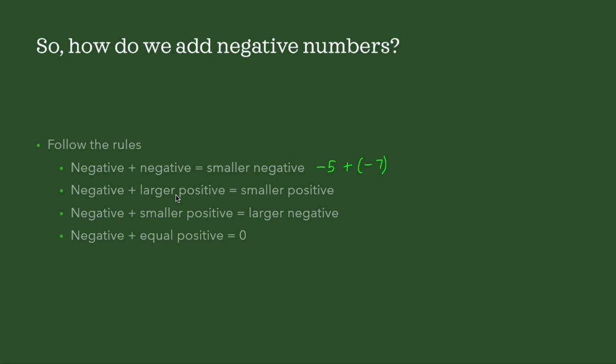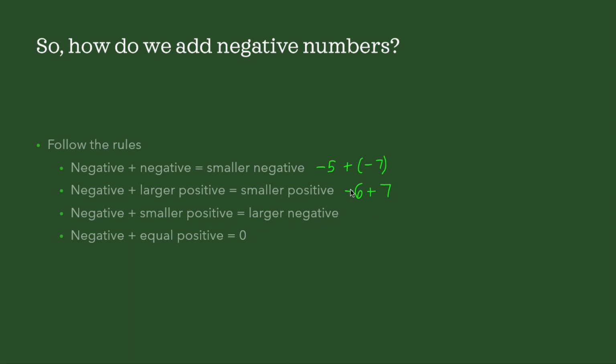Let's take the second one. A negative plus a larger positive is equal to a smaller positive. An example of this would be -6 plus 7. Well, any positive number is larger than a negative number, so what do I mean by the larger here? What I mean is when you ignore the negative sign, if the negative number is larger than the positive number, then it would result in this.